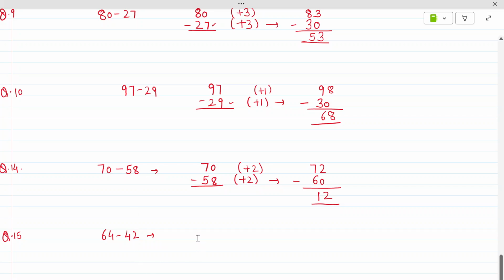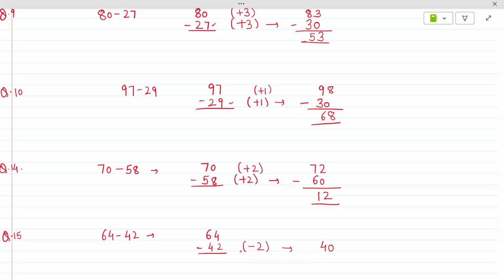Now, the last question is this one, 15, I am picking here, is 64 minus 42. Okay. Again, the smaller number is 42 and we can change it to a multiple of 10 by subtracting 2, because 42 minus 2 is 40, which is a multiple of 10.